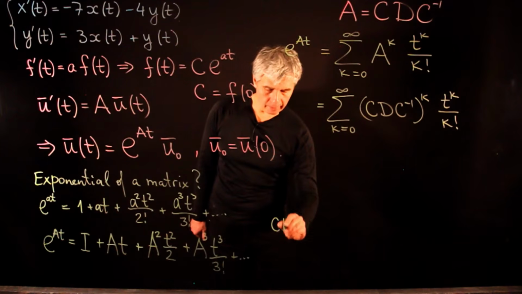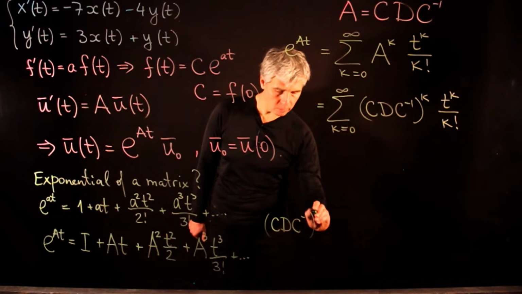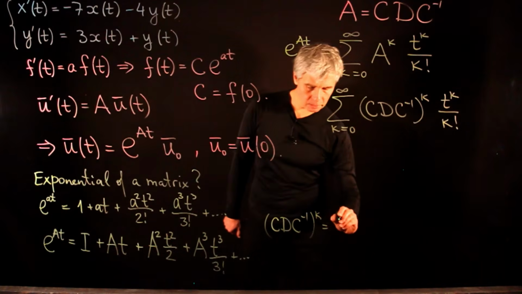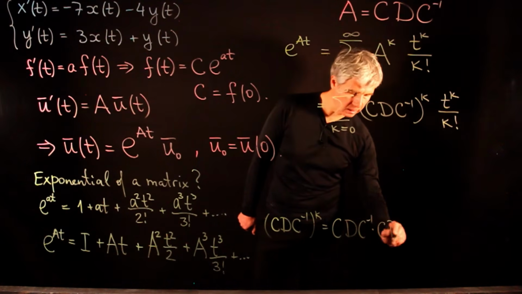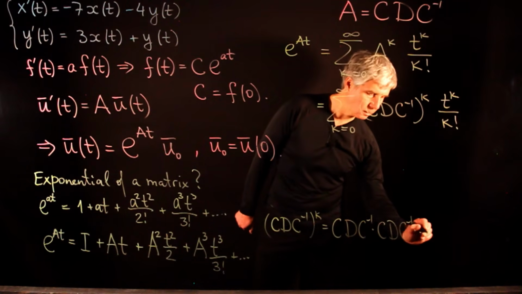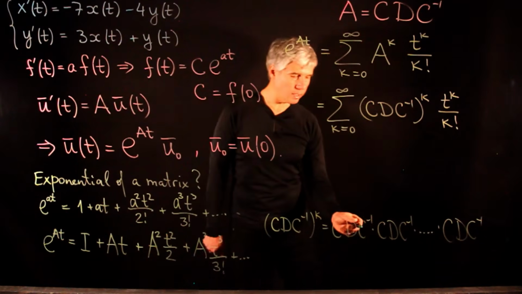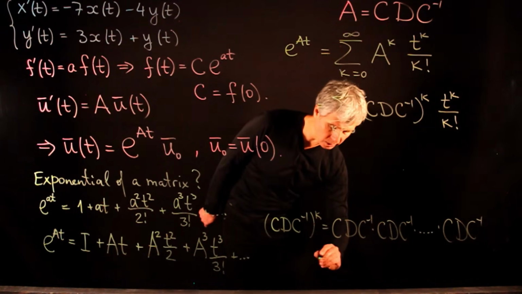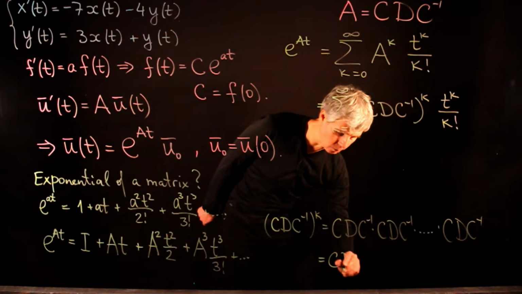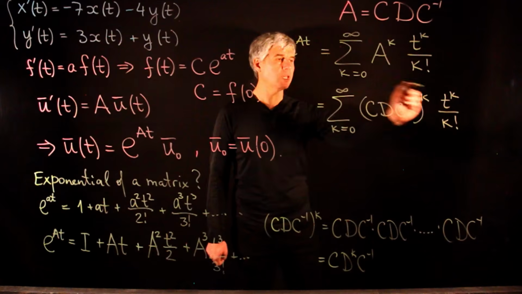We saw earlier that when we compute (C D C inverse) to the power k, this gives us C D C inverse times C D C inverse, and so on. And we saw that all the middle factors of C will cancel out. And so this is equal to C D to the power k times C inverse. Let us use this relation here.